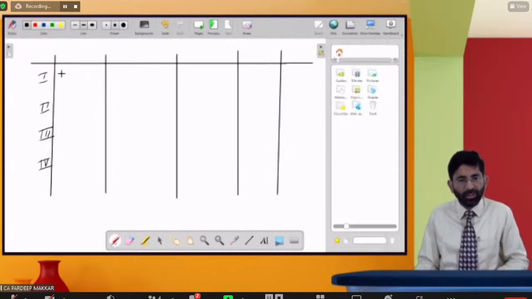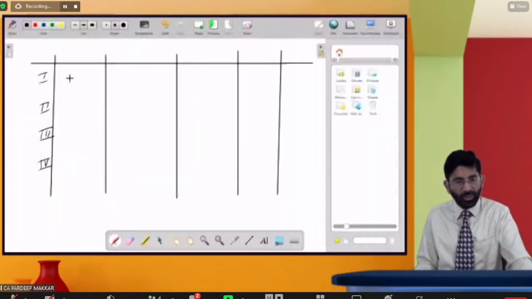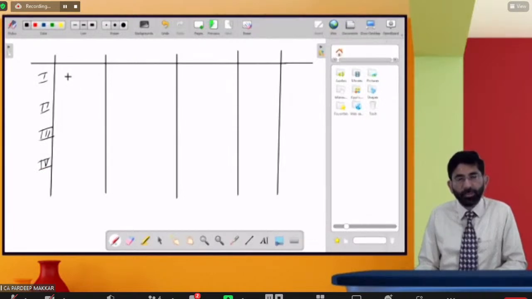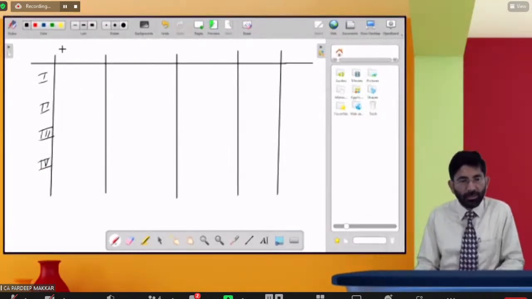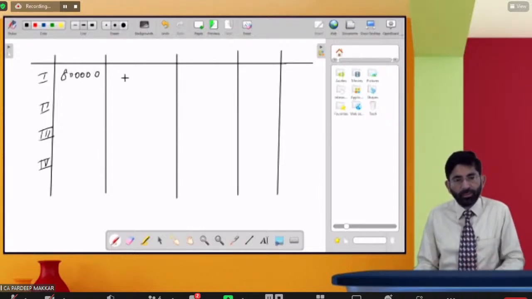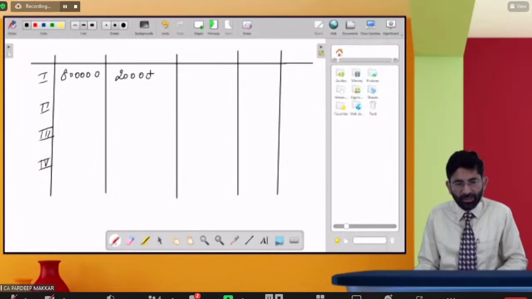So you have to write here amount outstanding at the beginning of the year. Amount outstanding in the beginning of the year is 8 lakh rupees, because this is the HP price of installment. Because we don't have the CP price of installment, you have to write here HP price of installment, that is 8 lakh. At the end of first year, we will pay rupees 2 lakh, as already mentioned, installment paid. So 2 lakh is the installment paid.